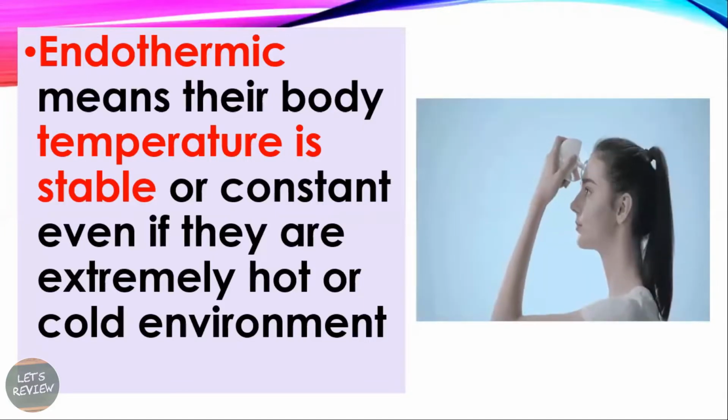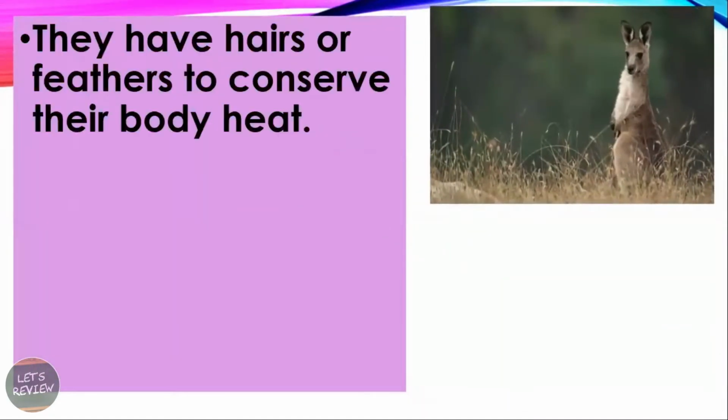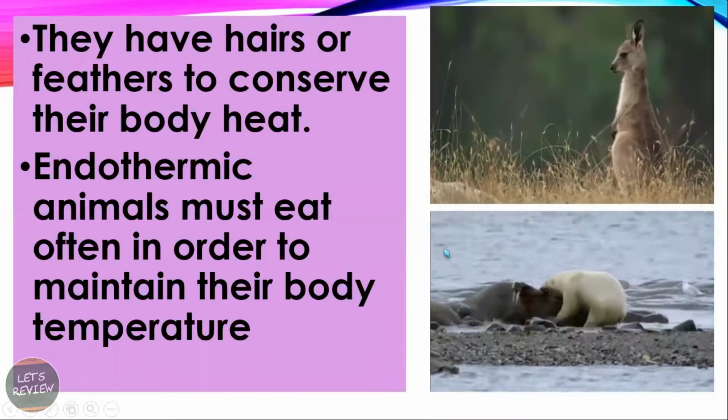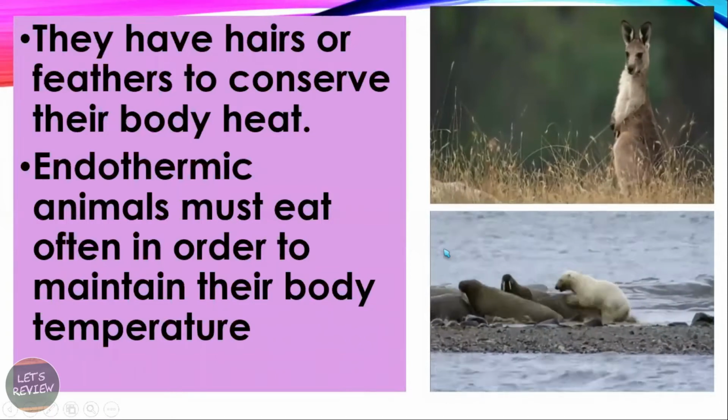Our body has the capacity to balance the temperature to make it stable. They have hairs or feathers to conserve their body heat. Remember, we need that heat. It's a form of energy. Endothermic animals must eat often in order to maintain their body temperature, as you can see here.